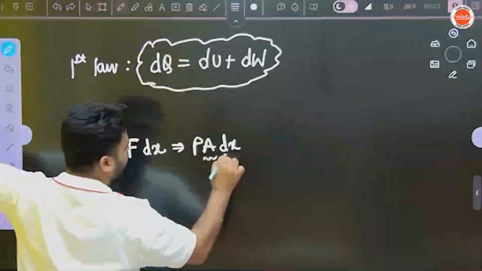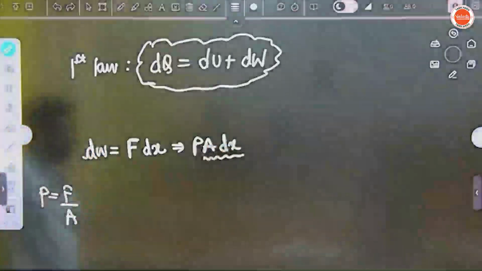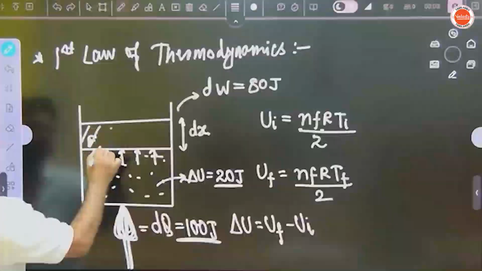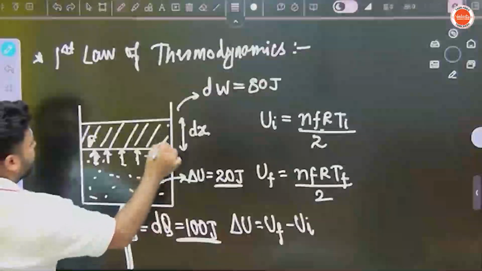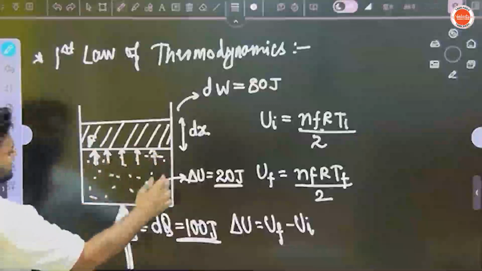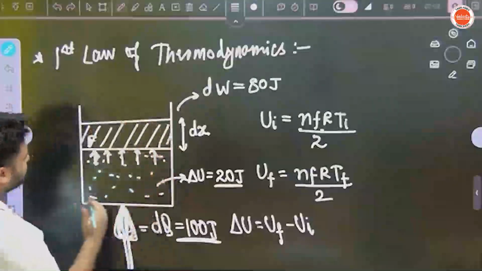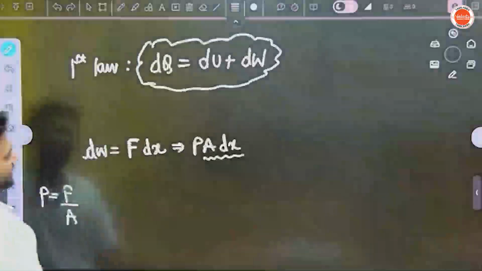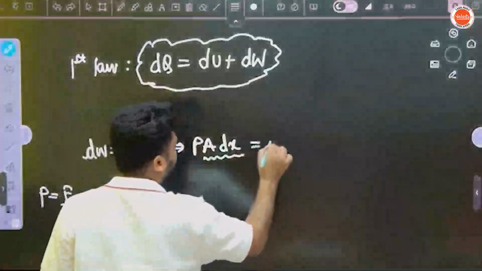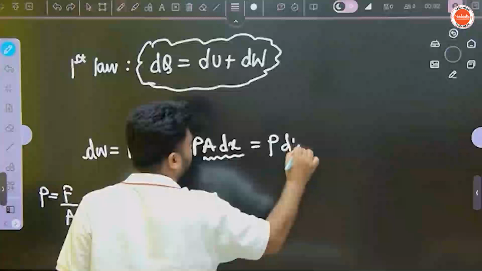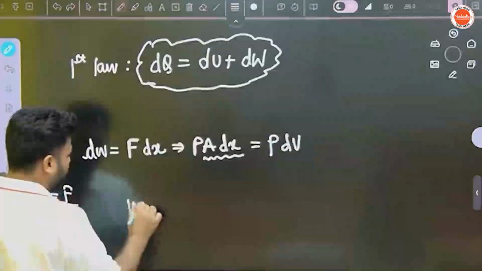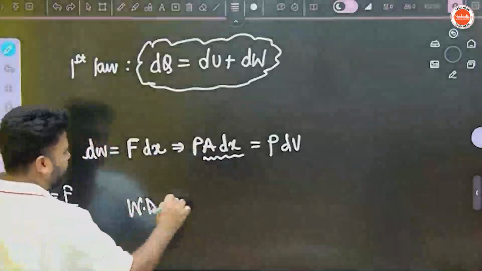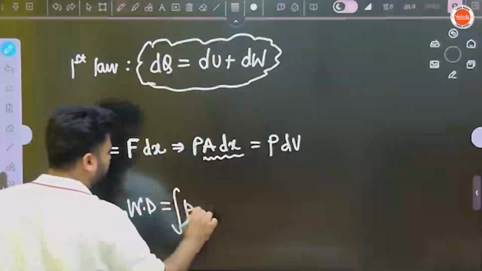Now this A into dx, area into length, can we write this as volume dV? How much volume changed: initial volume was this, final volume of the gas is this, so the change in volume is dV. So A dx, area into length, is nothing but P dV. So always remember that the work done formula is, integrating both sides, the integration of P dV.